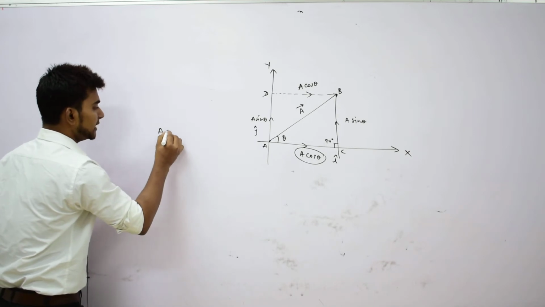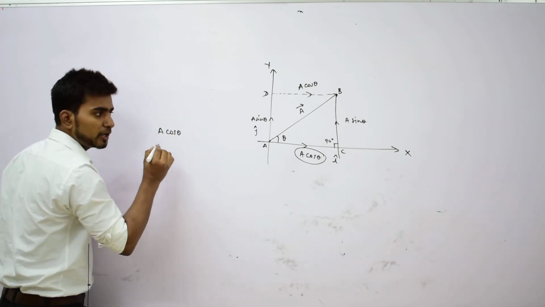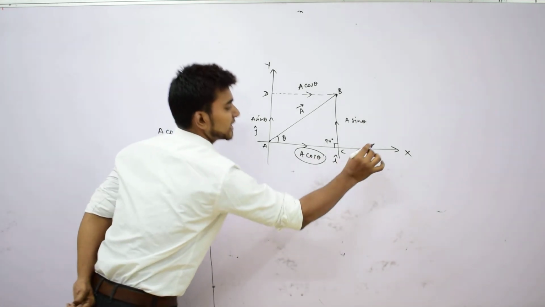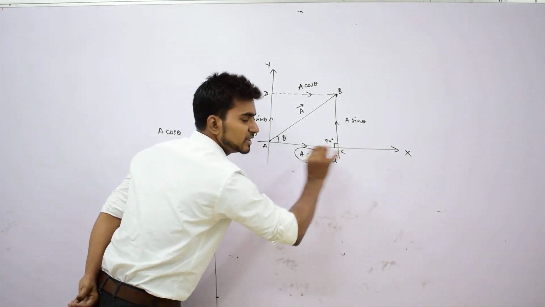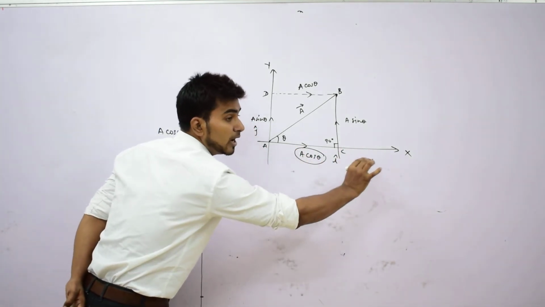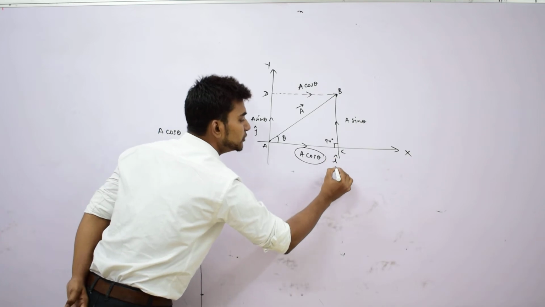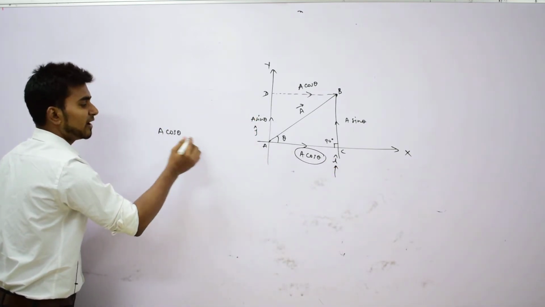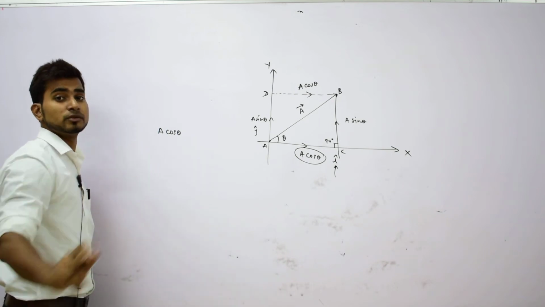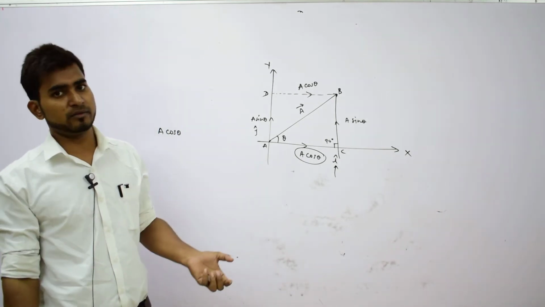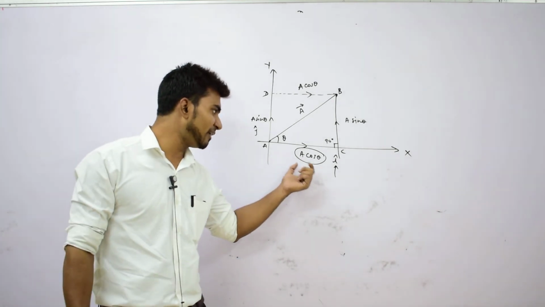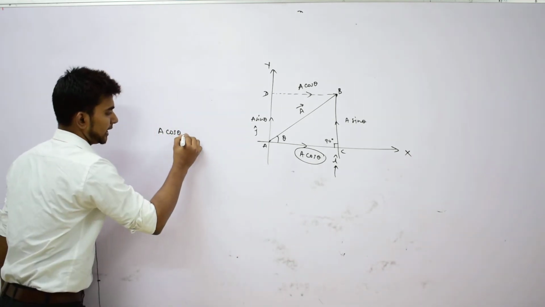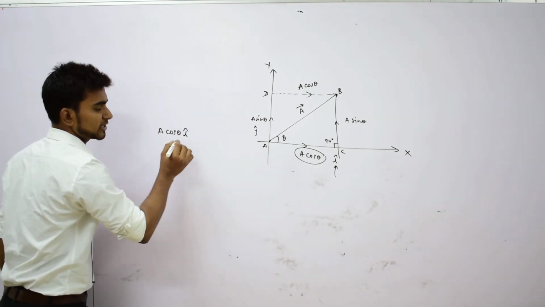So A cos theta is a magnitude, and for denoting the horizontal direction or the x-axis we use I cap. To make it a complete vector, we use two things: the magnitude and the direction. The magnitude is A cos theta, and the directive vector for the horizontal direction is I cap.